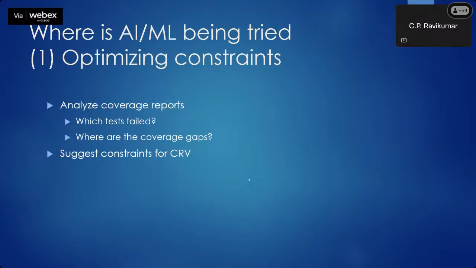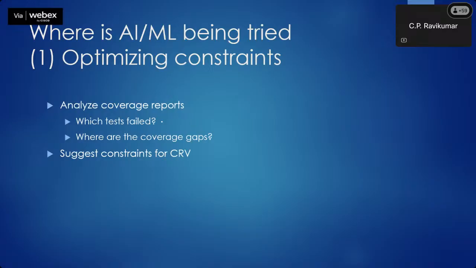Okay. So currently, human beings go and analyze the coverage reports. They are the ones who check whether some tests did not run. Okay, if you take a regression report, sometimes the script fails because of some very silly reason, right? And as a result, a particular regression test was never run.